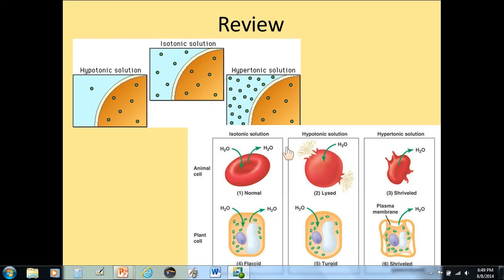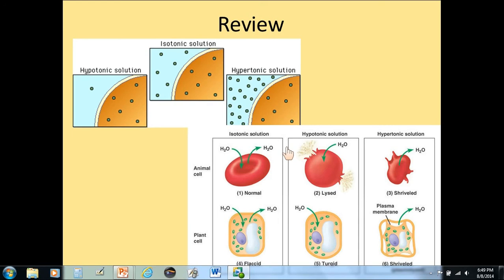If you look at the bottom picture, it's showing how animal and plant cells react to these types of solutions. Isotonic, water flows into and out of the animal's blood cell, keeping it nice and round. If it goes into and out of a plant cell, the word says flaccid, that means it's kind of wilty.